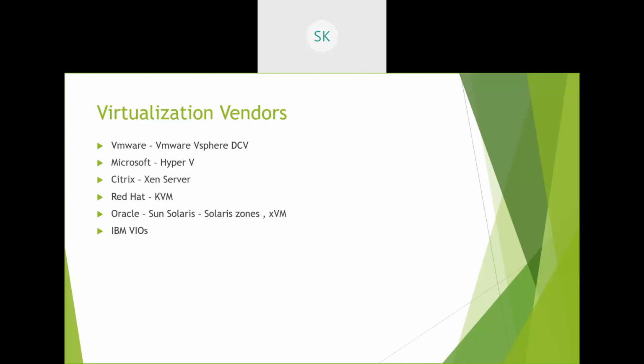So as soon as the virtualization concept comes in, they talk about what the features are, and they keep on updating the available options. We are going to discuss what VMware is. First, we understand why virtualization is required.